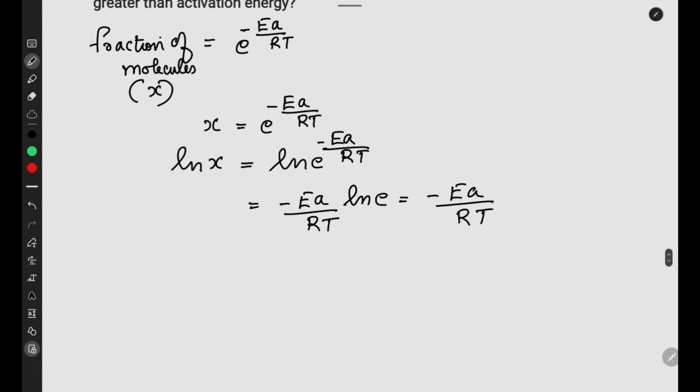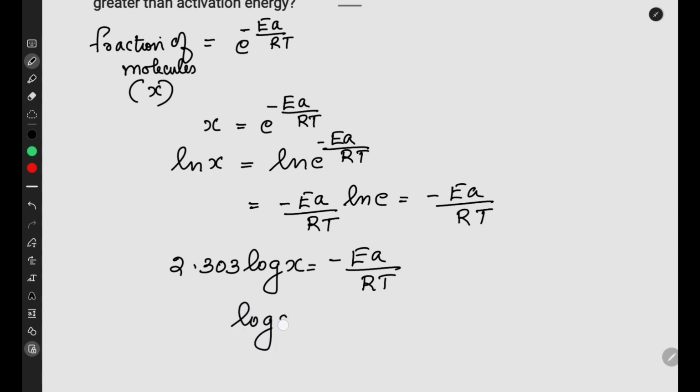Now ln x we can write it as 2.303 log x, that is equal to minus Ea by RT. So log x equal to minus Ea by 2.303 RT.